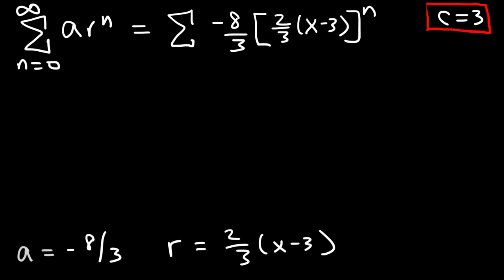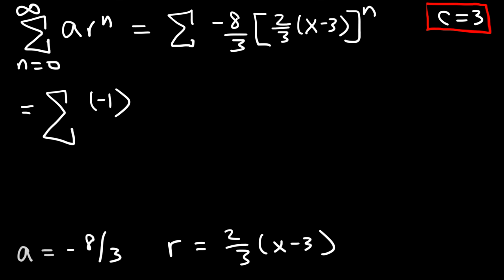So this is the answer, but we need to clean it up a bit. How can we simplify this expression? Now the first thing we have is a negative sign. So I'm going to write that as negative 1 for now. And then we have an 8. Notice that 8 and 2 share a common base of 2.